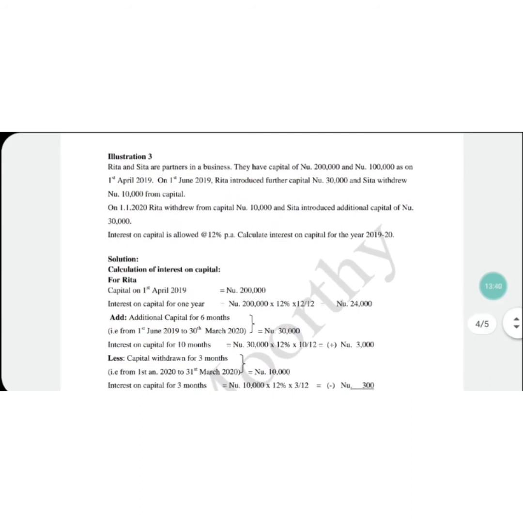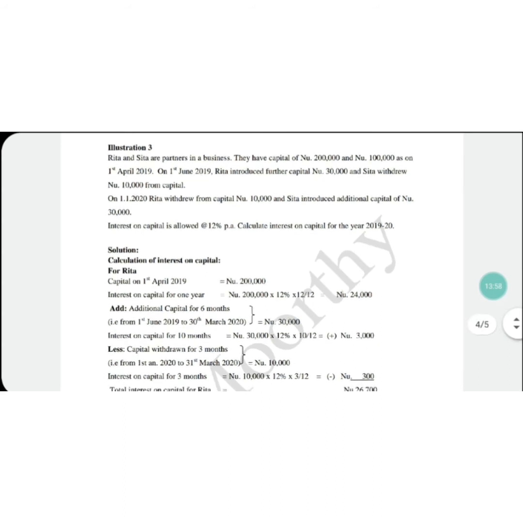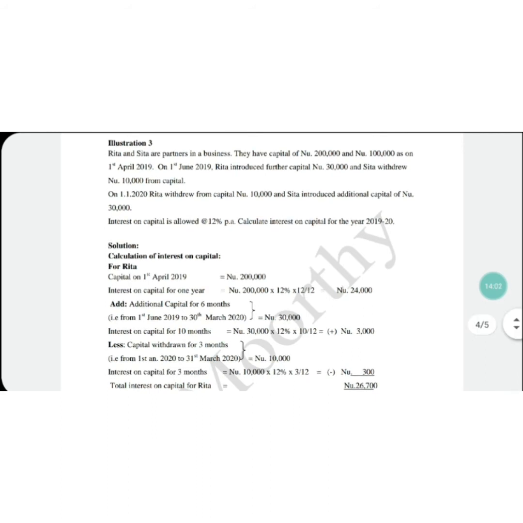At the same time, Rita has withdrawn capital on 1st January 2020. So from 1st January to 31st March, it is 3 months. 10,000 times 12% times 3 divided by 12 comes to 300.